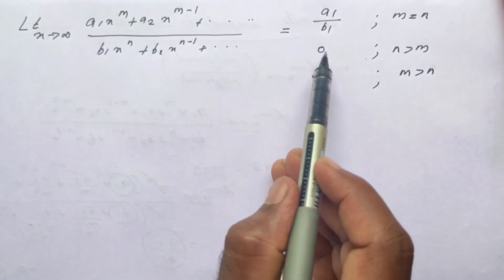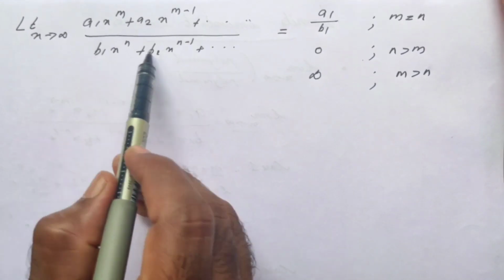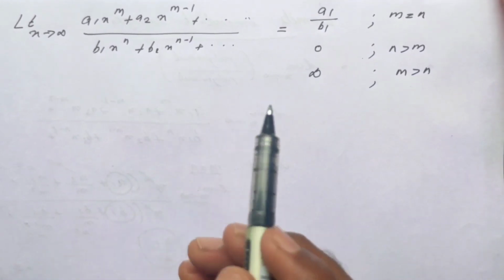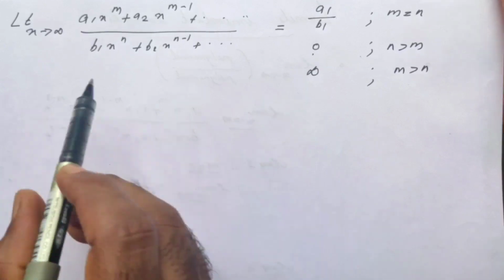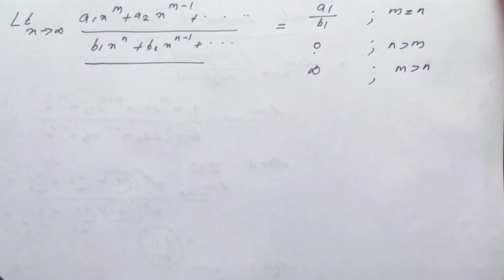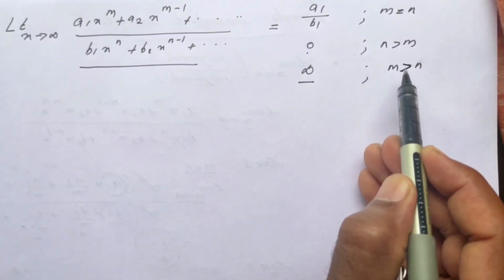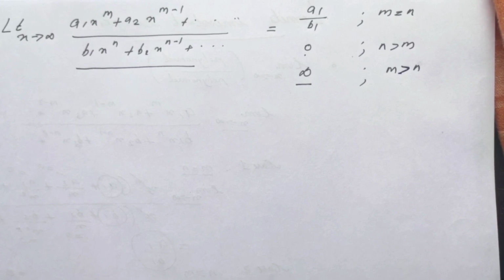That is, it is equal to a1 by b1 when the numerator order and the denominator order become equal, and it will become 0 when the denominator order is higher compared to the numerator order, and it will become infinity if the numerator order is higher compared to the denominator order.